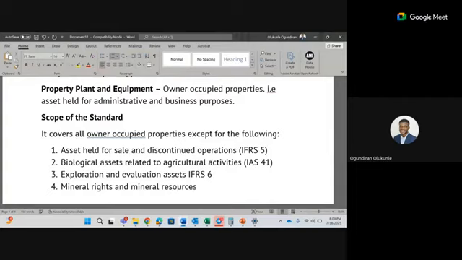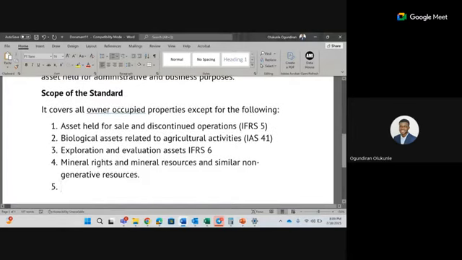You may find some of them under the scope of IFRS 6, and similar non-generative resources. All right, so that's that about that.